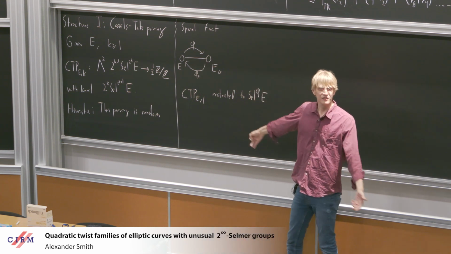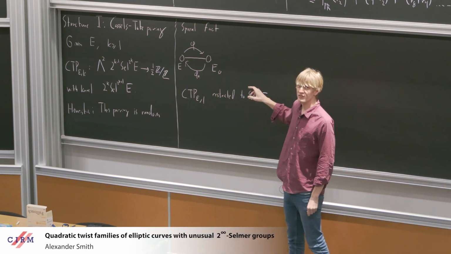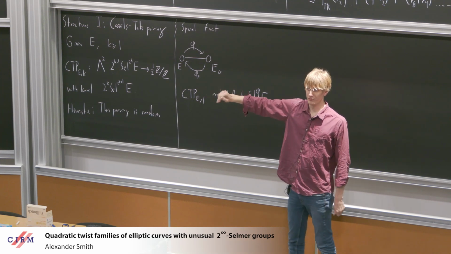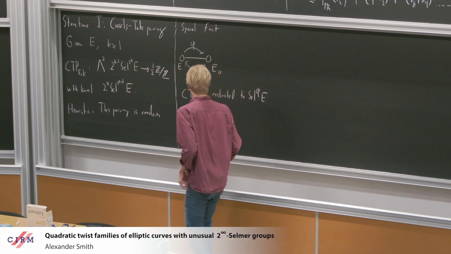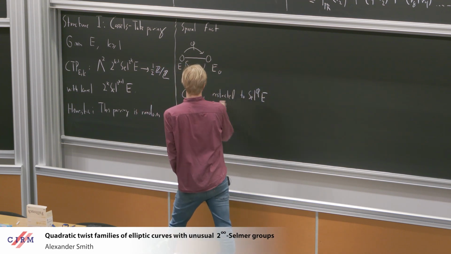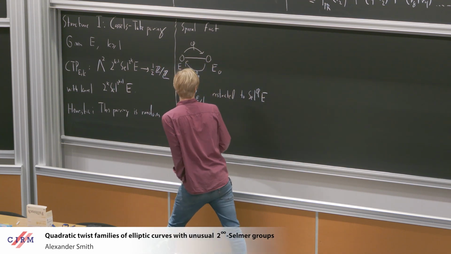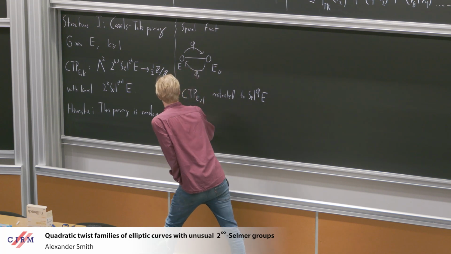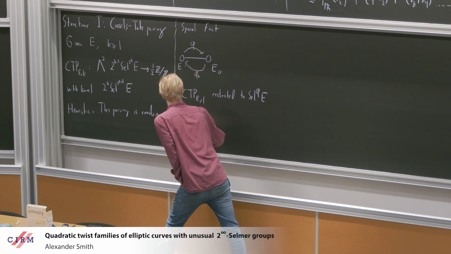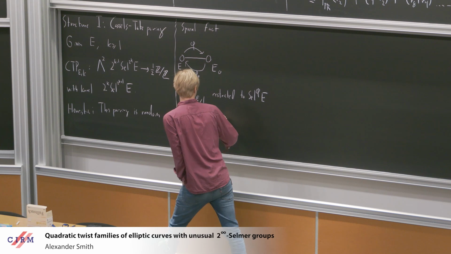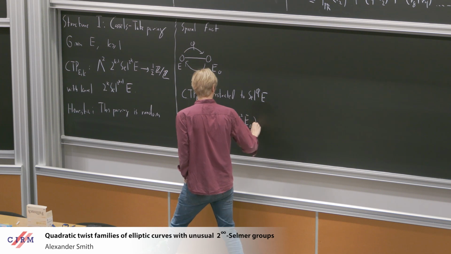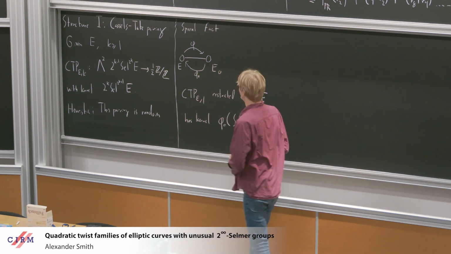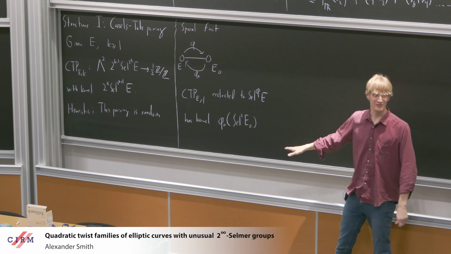And this is again an alternating pairing on some subgroup of the 2-Selmer group. And the thing I want to mention about this is that when we consider the kernel here, this restriction has kernel equal to phi naught of the 2-Selmer group of E naught. Okay, which will be relevant later.